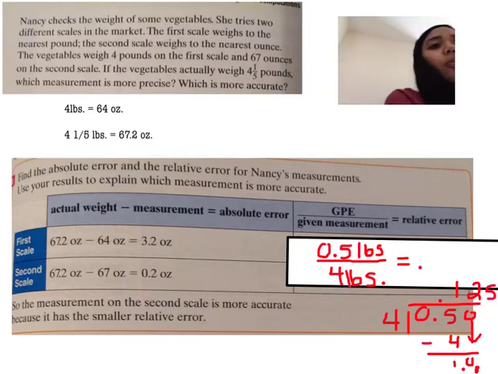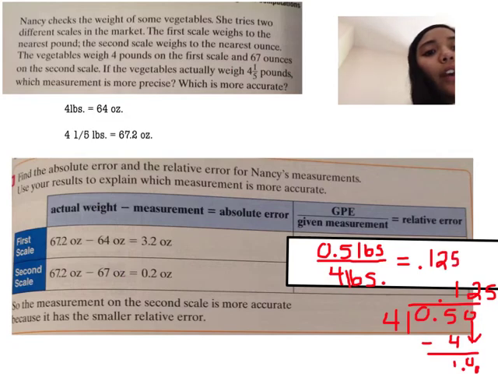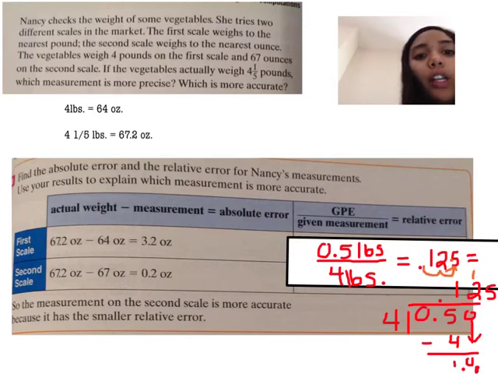The given measurement is 4 pounds. That's what it gave us for the first time. Equals. So in your notebook, you're going to do 0.5 divided by 4. And make sure you put your decimal right there.